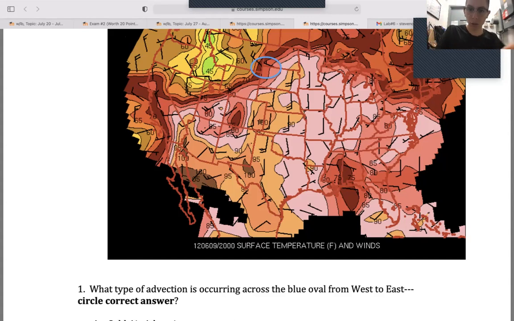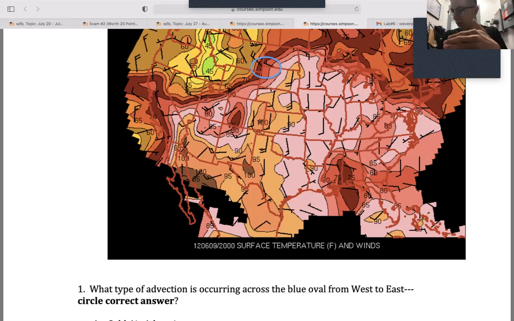Looking at the isotherms, I saw that it goes from around 60 to 85. So the change in temperature is 15 degrees, and 20 times 15 divided by 200 miles, which is the distance, gives me 1.5 degrees Fahrenheit.